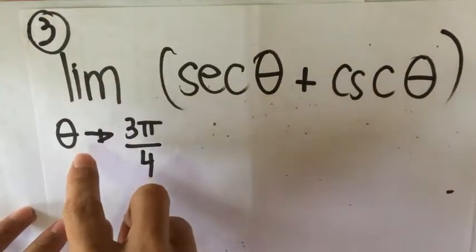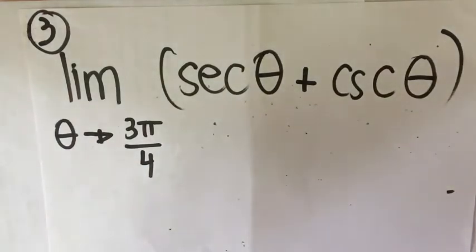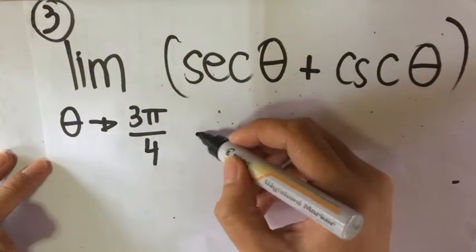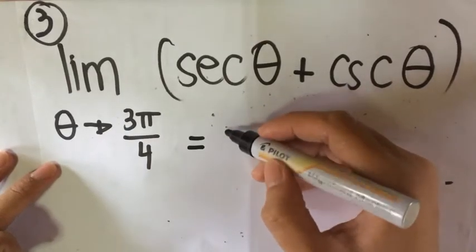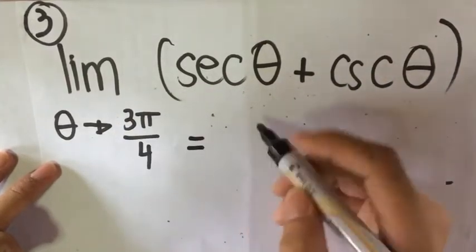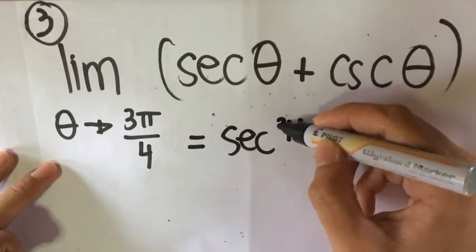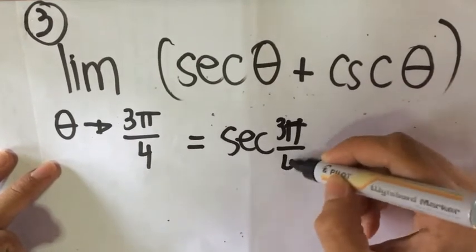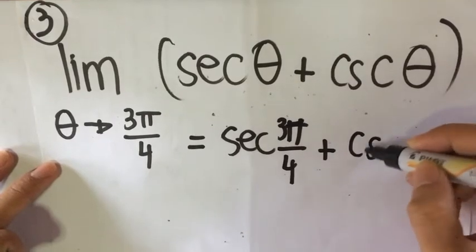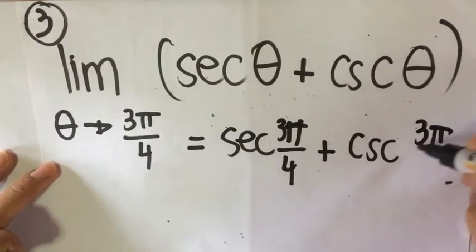Same as our previous example, you use direct substitution in finding the limit of this function. It becomes secant 3 pi over 4 plus cosecant 3 pi over 4.